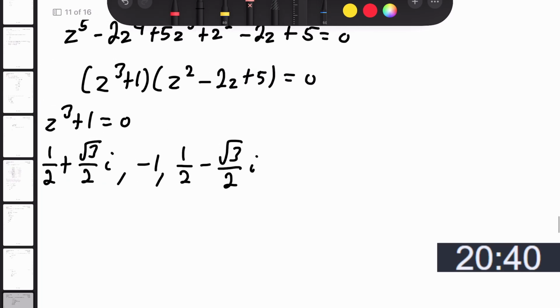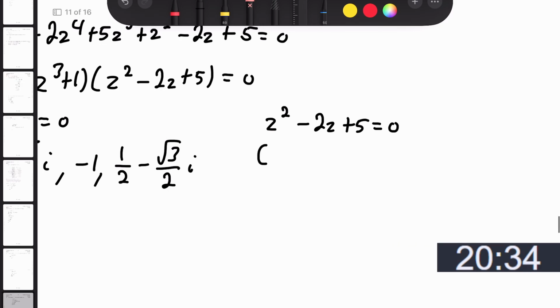And then for z squared minus 2z plus 5 equals 0. Does this factor out nicely? It doesn't, so let's do (z minus 1) squared plus 5 minus 1.